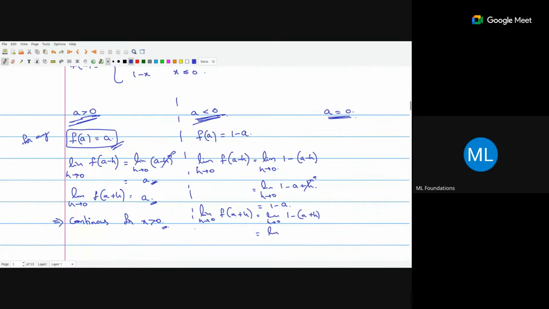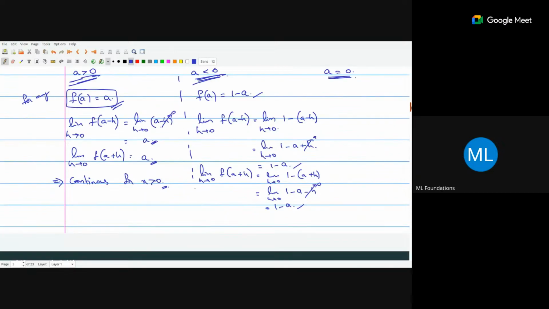If I simplify this, it will be 1 minus a minus h, and this minus h also will go to 0. This will also give us 1 minus a. So this is 1 minus a, this is 1 minus a, and this is also 1 minus a. Here also I can conclude it is continuous for x less than 0.